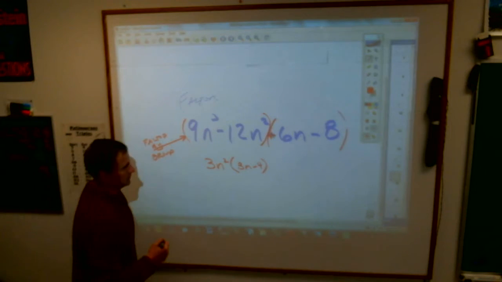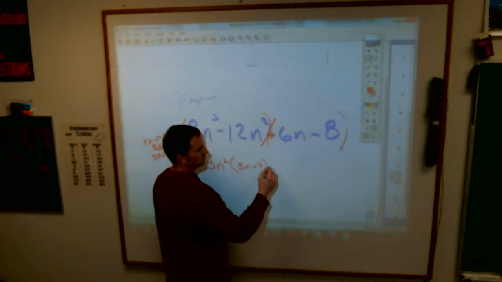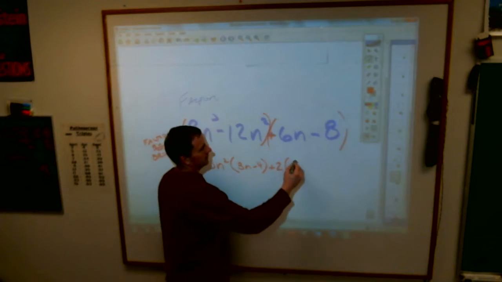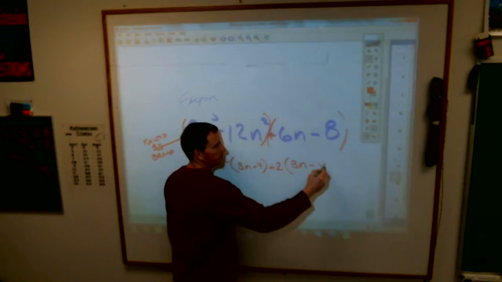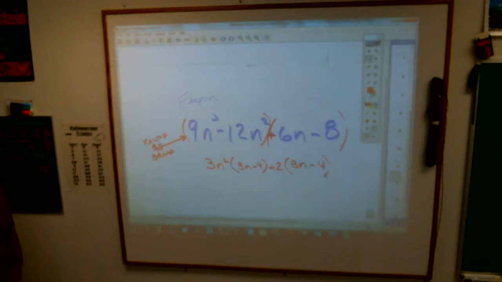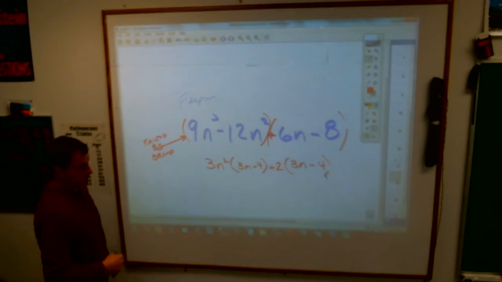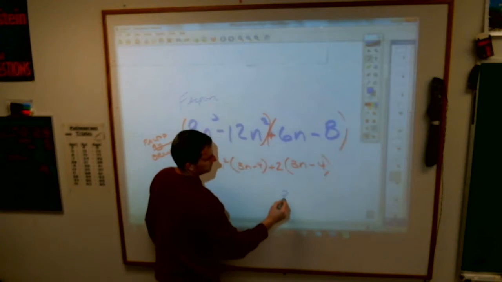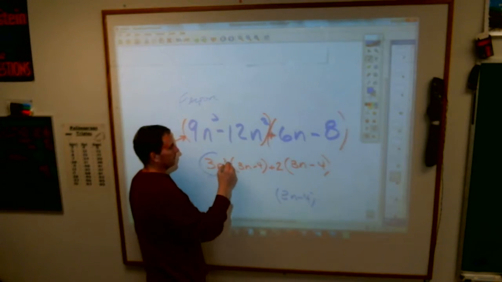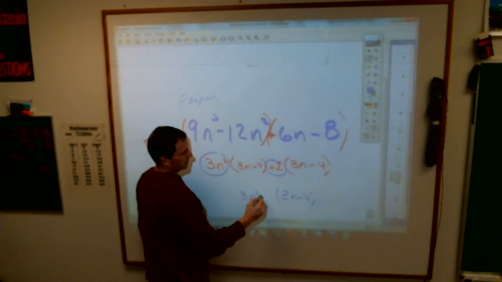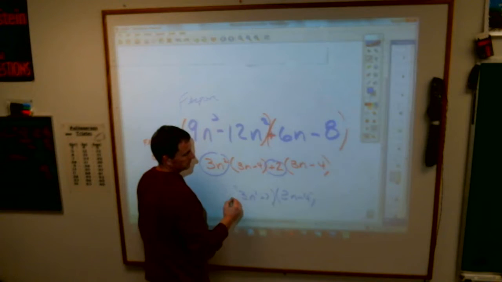I'm going to take a 2 out. If I take a 2 out, I should put a plus 2 there. What am I left with? A 3n minus 4. If that happens, then you keep just one of the 3n minus 4s, put it in parentheses, and you pull out the front of this and the front of that, and that becomes your other parenthesis binomial.